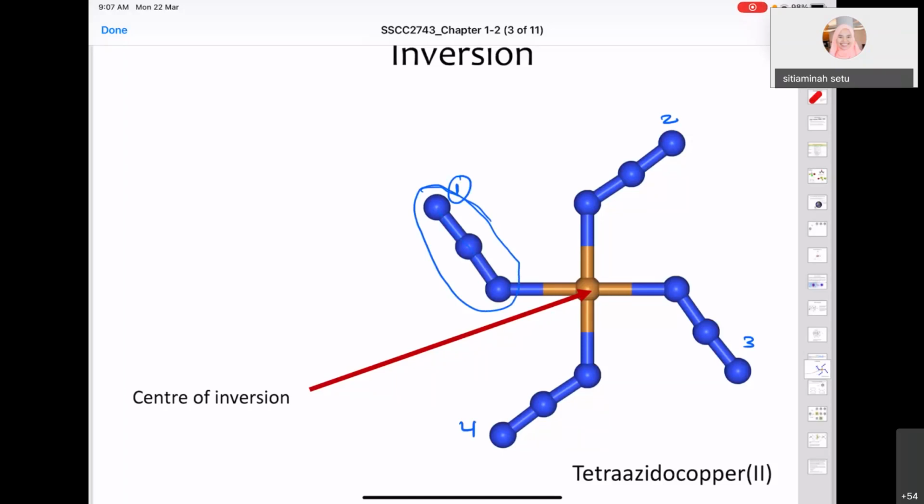Okay, so kita kena movekan, dekat sini, this is the center of inversion, kemudian bergerak ke atom nombor 3. Nanti dia akan bertukar lah, nombor 1 akan jadi nombor 3. So sama juga yang nombor 2 ni kalau kita movekan semua, dia akan pergi ke nombor 4. So dia akan bertukar, 4 jadi 2, 2 jadi 4. Okay, so the result molecule after the inversion, after the movement of the atoms, still the same, still unchanged. That means this molecule have the center of inversion.